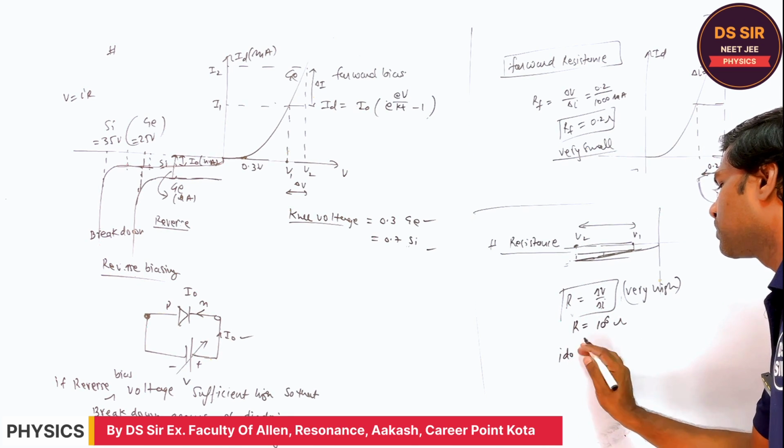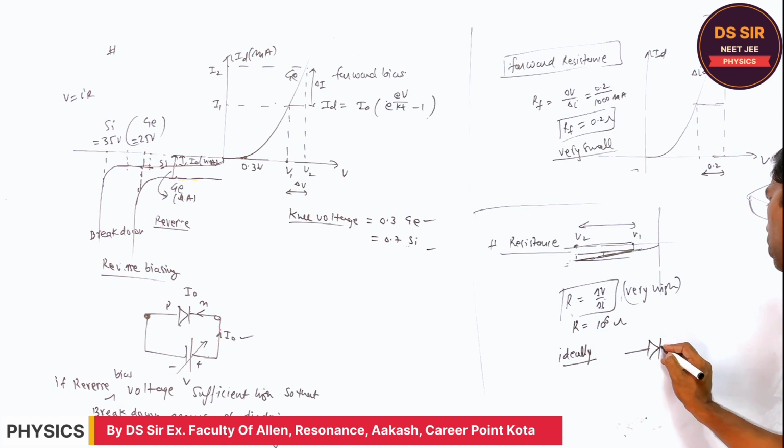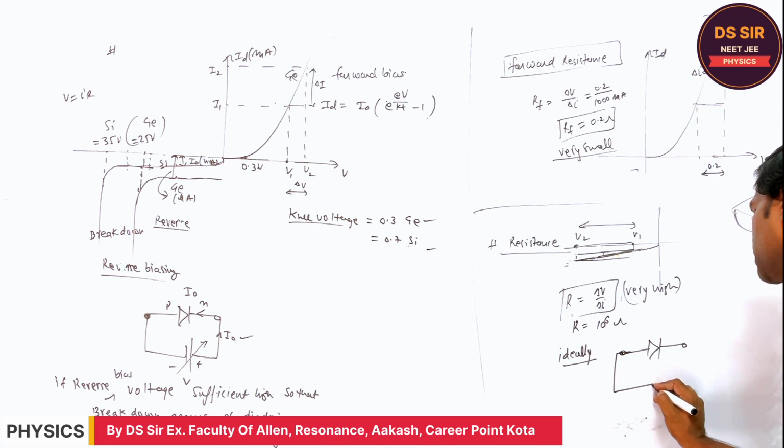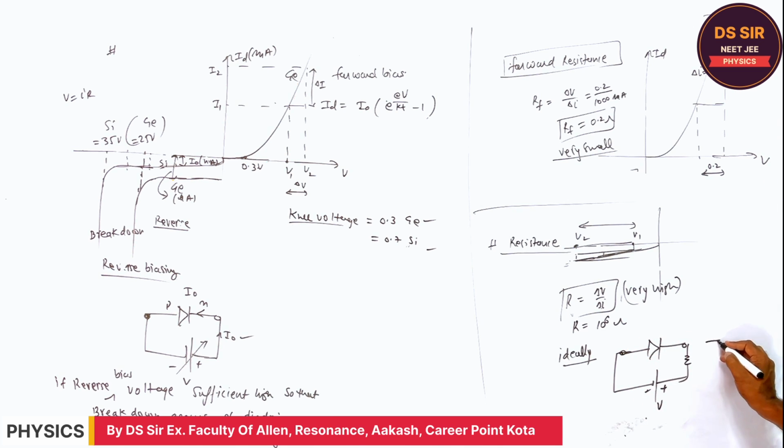Ideally, if this is the diode connected in reverse bias, the resistance is infinite. So it acts as an open circuit, no current flows in it.